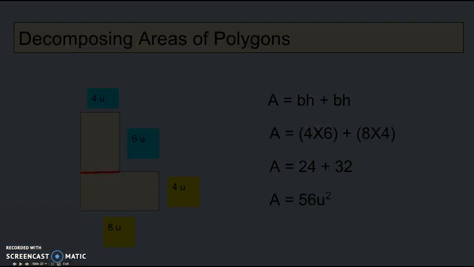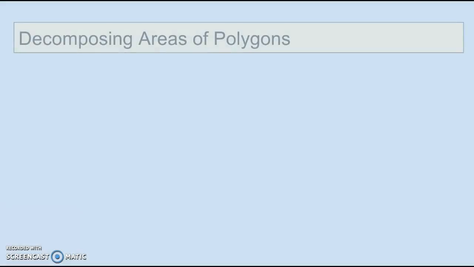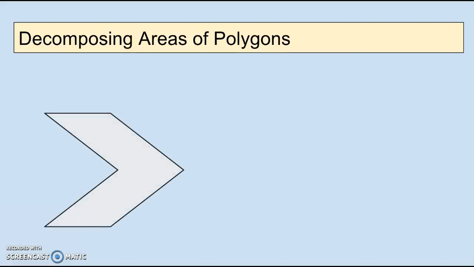Okay, let's try another one. Okay, what figures do you see here that would be helpful for solving? Because we do not have a formula for that. Okay, we can try this. So now you have two parallelograms, and of course we have a formula for area of a parallelogram.